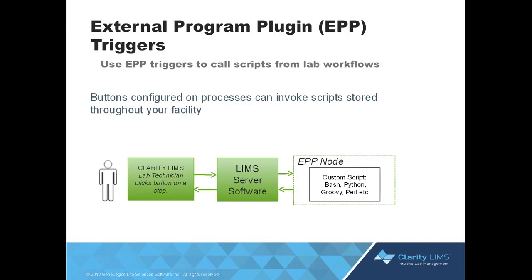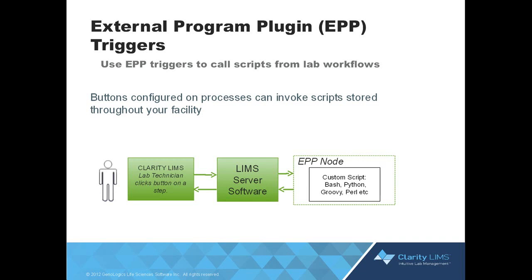So let's talk about what the external program plugin does and how it can be used. We're writing scripts or programs to interact with the API, and some of those could be completely standalone in the sense that they're invoked by a scheduling system, but the vast majority of them will be invoked by a user running a process within the LIMS.